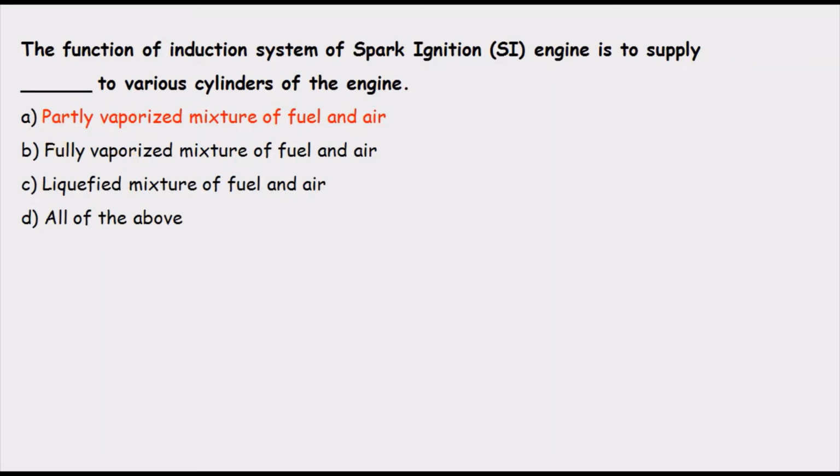So what happens is only that portion of the fuel which is highly volatile is going to vaporize in the carburetor, and further as it goes into the combustion chamber, where heat is made available as it is getting compressed, the fuel gets completely vaporized. So what is supplied by the induction system is a partially vaporized mixture of fuel and air, and not fully vaporized. So the correct answer is A.